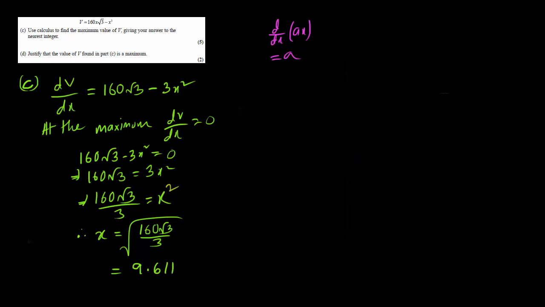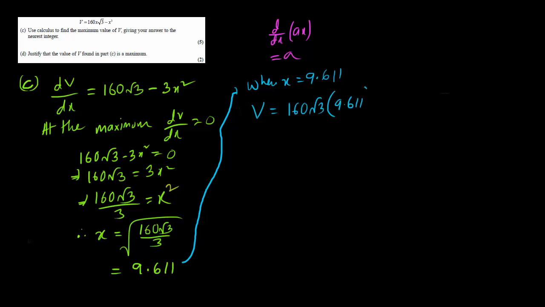9.611. Now we have to find the maximum value of V, so let's plug it in. When x equals 9.611, V equals 160 square root of 3 times 9.611 minus 9.611 whole cubed.